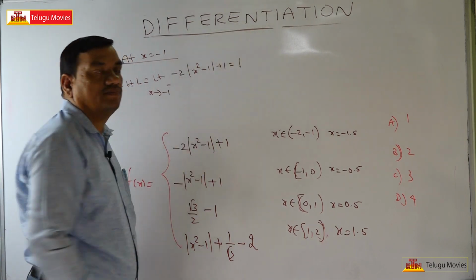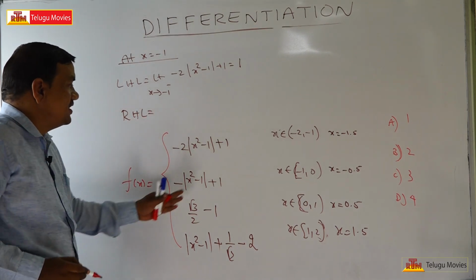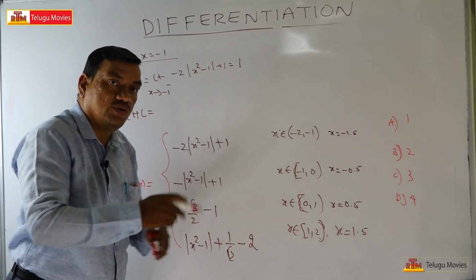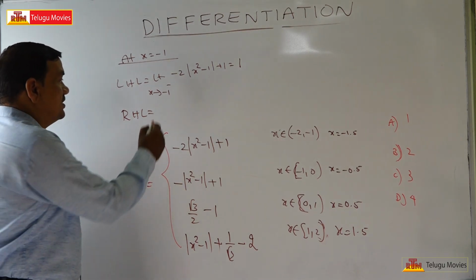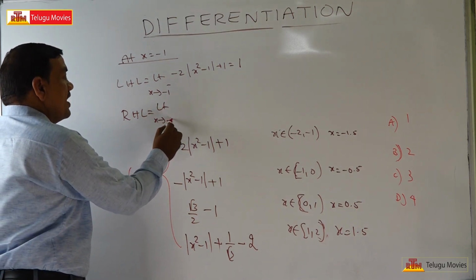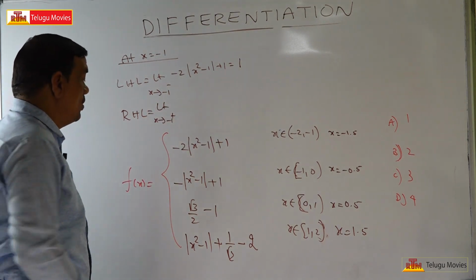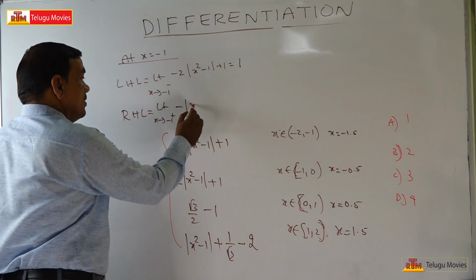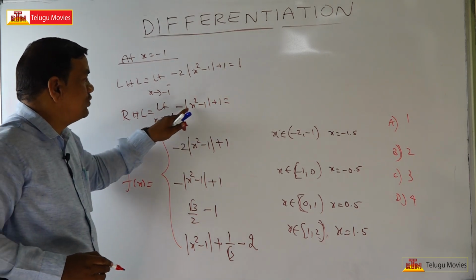This is a 1. What is right hand side limit? Right hand side limit. Substitute here minus 1 to 0. So this is the right hand side limit, x tends to minus 1 plus. So in competitive examination, no need of writing all these steps. So this is equal to x square minus 1 plus 1. Wherever x is there, substitute minus 1.